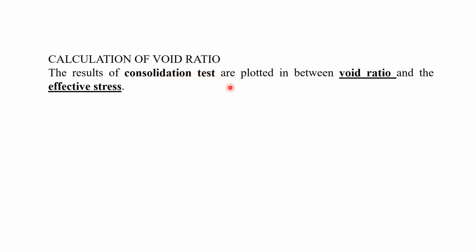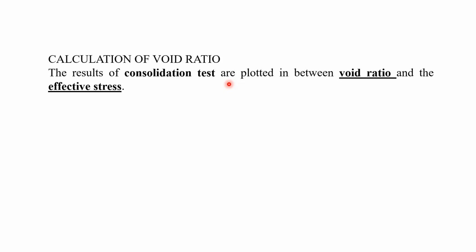during the consolidation test, normally what we have done, we have used various loads in the form of a pressure like 10 kilonewton per meter square, 20, then 40, just double the pressures, 80 kilonewton per meter square.